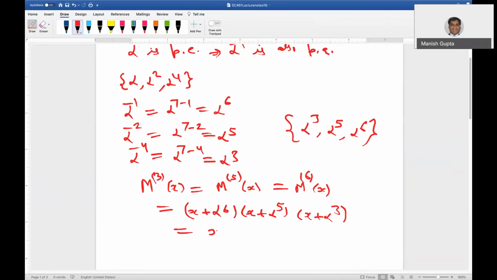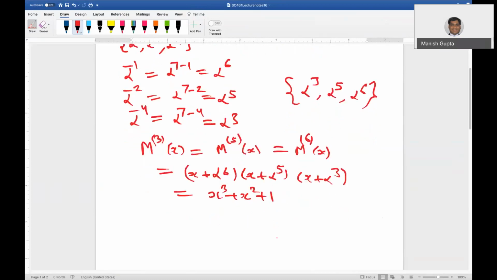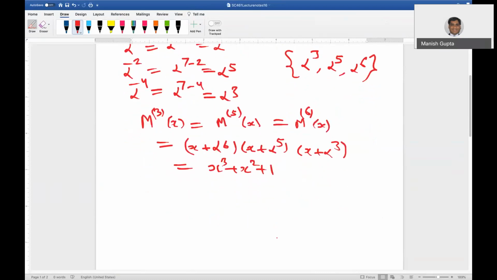The value is x cube plus x square plus 1 by keeping all the arithmetic of field with 8 number of elements. Moreover, now I would like to show you another beautiful result.